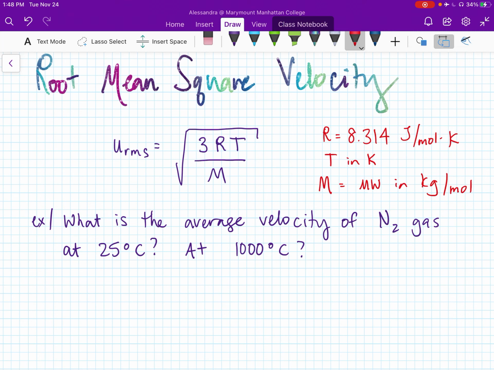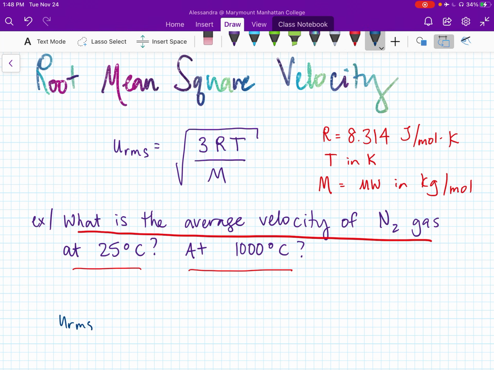So let's apply this to this question. What is the average velocity of nitrogen gas at 25 degrees Celsius? What is the average velocity of nitrogen gas at 1,000 degrees Celsius? So let's plug numbers into this equation.